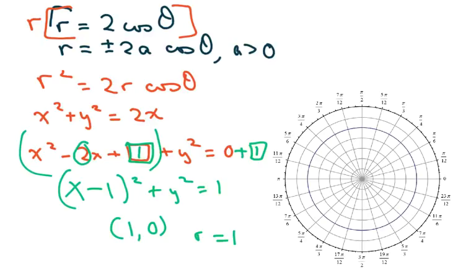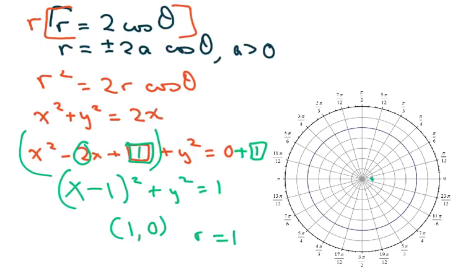So basically, I'm going from 1, 0. Oh, is it 0, 1 or 1, 0? I'm on the wrong one. Okay, so I'm going out here to 1, 0, which is right here on the 0, and my radius is 1.